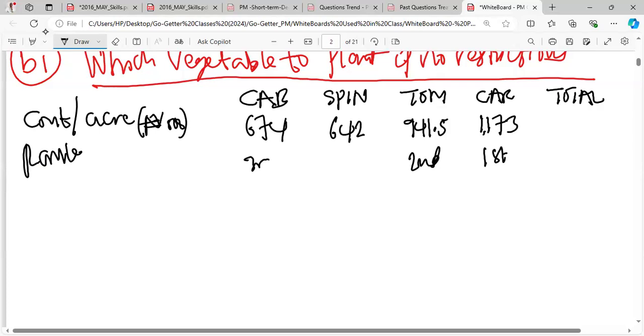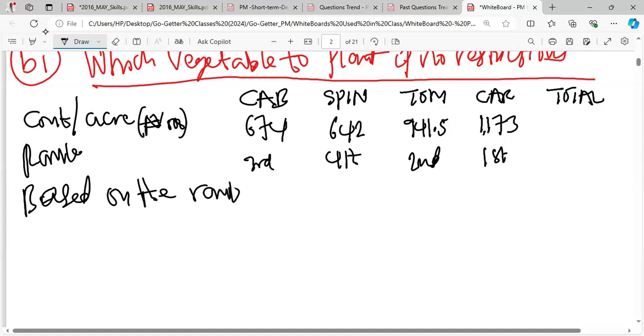This is your third and fourth. So based on the ranking, carrots should be produced or planted.